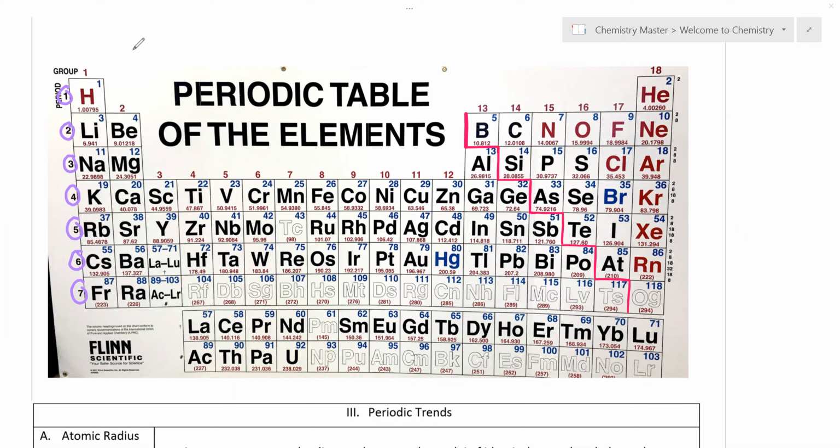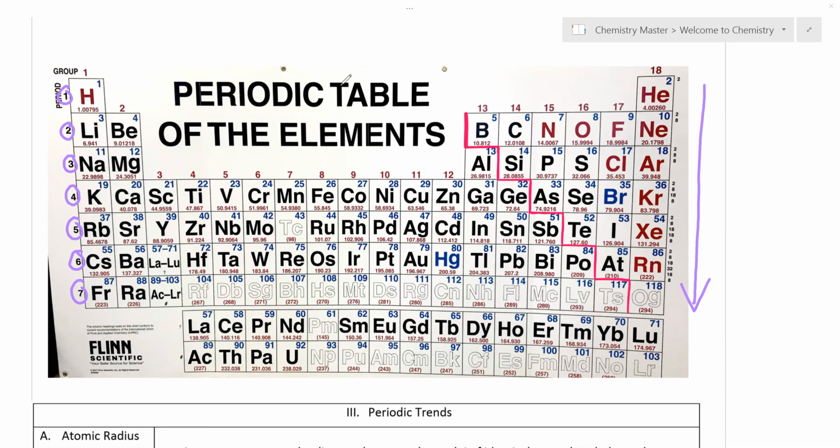So if we're thinking about how big an atom is, you should be able to tell me, as you go down the periodic table, what is happening to the size of those atoms? If you're having a hard time thinking about that, think about it for a second.